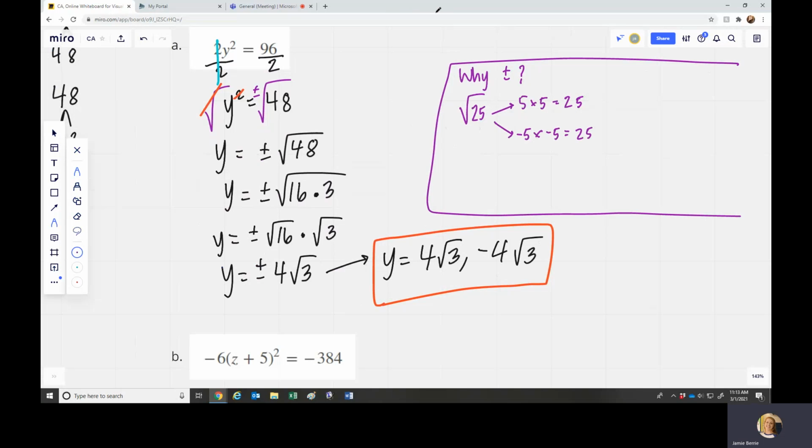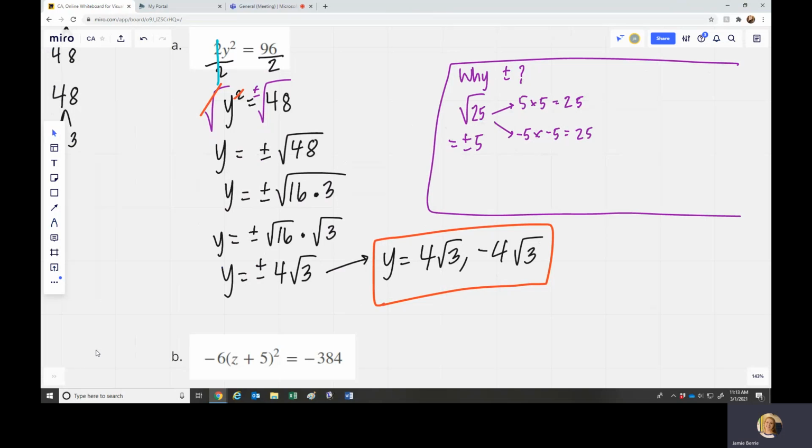So that's why you have to consider both the positive and negative versions of the answer. So the square root of 25 here would really be positive or negative 5. Okay, so hopefully that helps explain why we use the plus or minus.